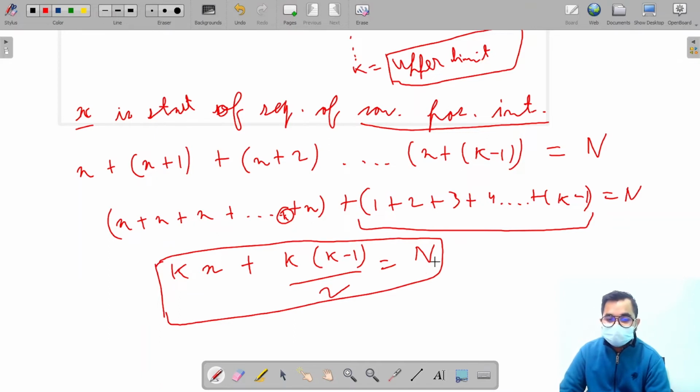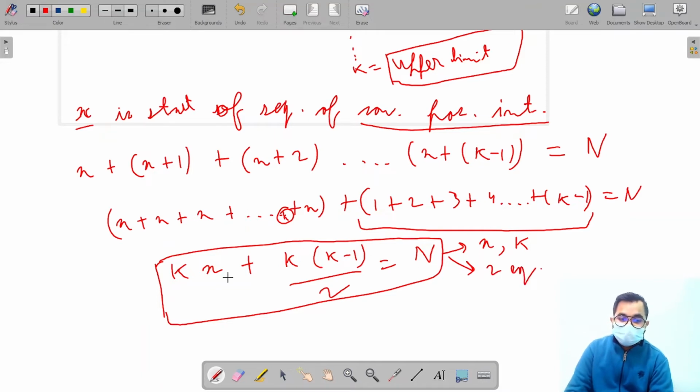Now for solving this equation, either I should know the value of x, or I need to know the value of k, or I should have one more equation involving x and k. Now this is an equation. Either I need to find x or k, or I should have one more equation.